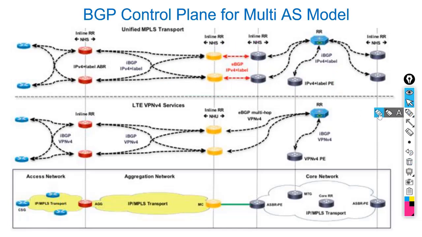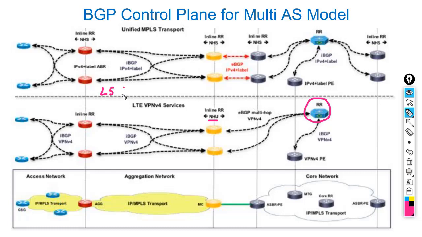So there are some key points here. In order to establish an end-to-end VPN from AGG to PE router, we need to enable next hop unchanged on the metro core router and on the RR router in the core network.